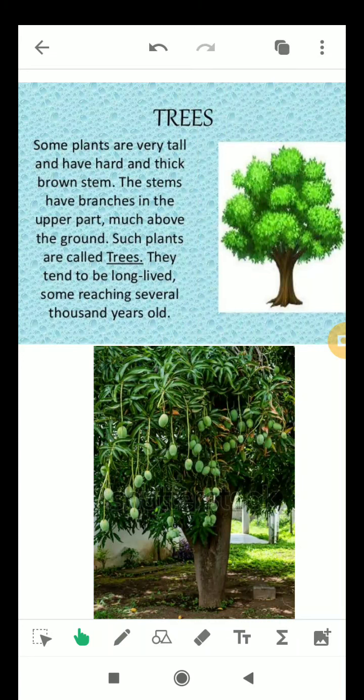Their stem is brown in color, thick and very hard, and the stem has branches in the upper part much above the ground. They live for several years. The examples of trees are mango tree, pipal tree, gulmohar tree. There are many trees.